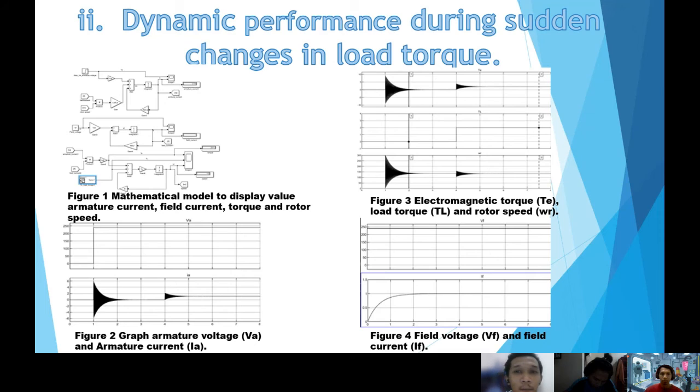Okay, this is the dynamic performance during sudden change in load torque. This mathematical model is the same as in the previous method, but this design was set at a step with the load torque from 0 to 2 Nm at the time of 4 seconds.